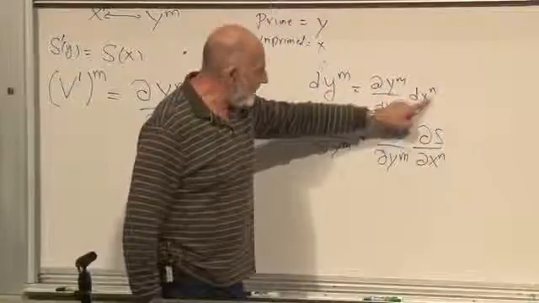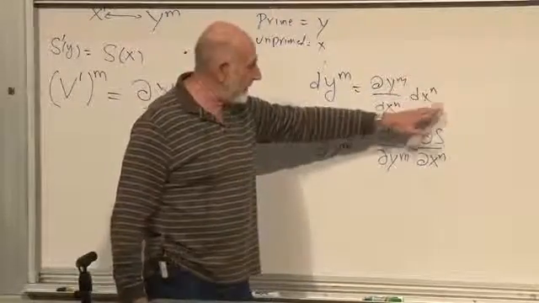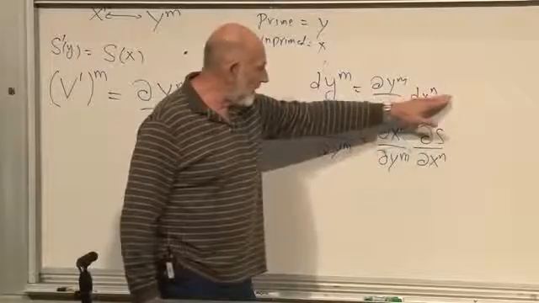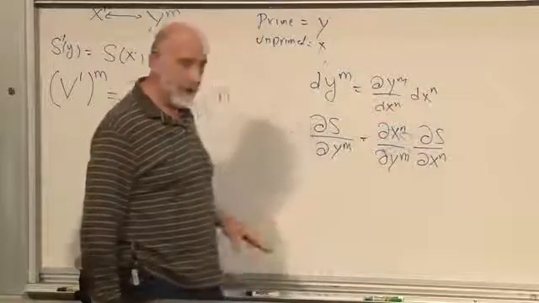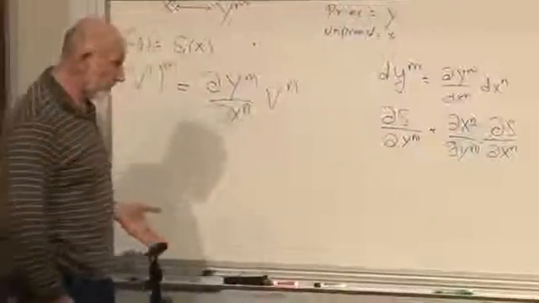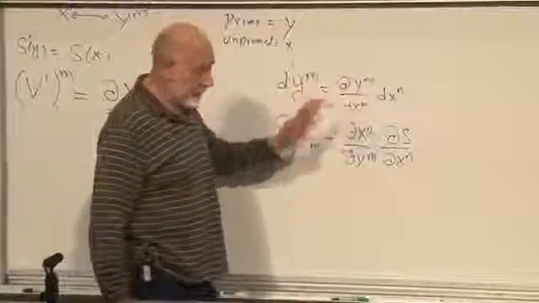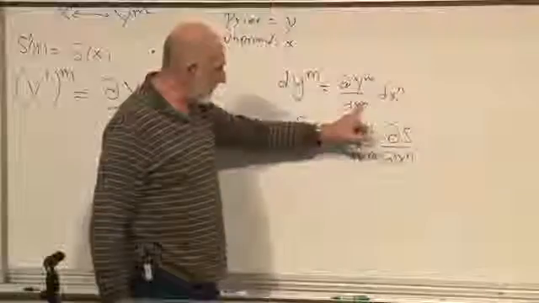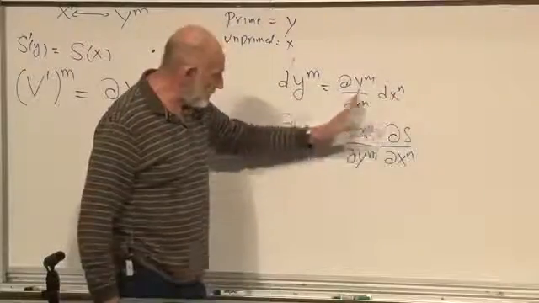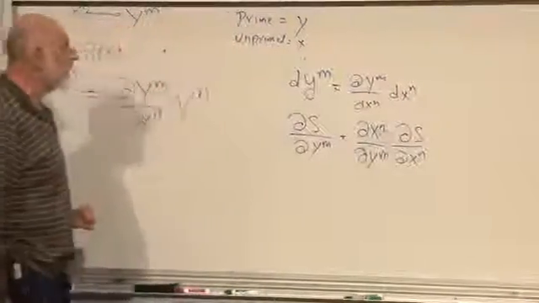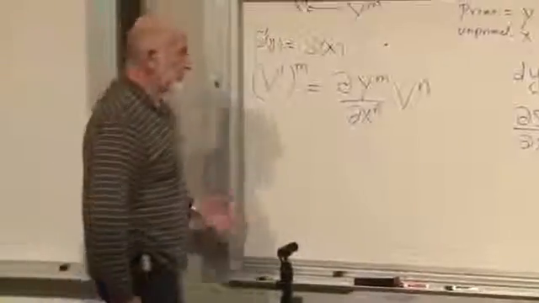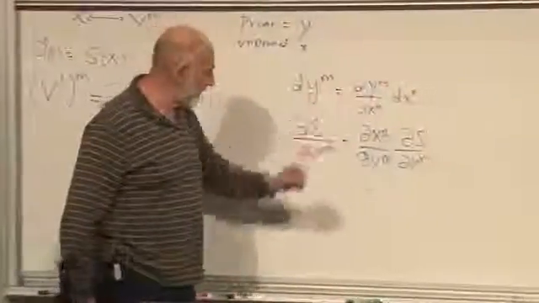But on the right-hand side, I'm going to have a dx^n, of course, and a dx^n upstairs has to be balanced by a dx^n downstairs. You'll get familiar with this: you're allowed to contract indices, one upstairs and one downstairs. And you can see the pattern, the symmetry of this relationship.